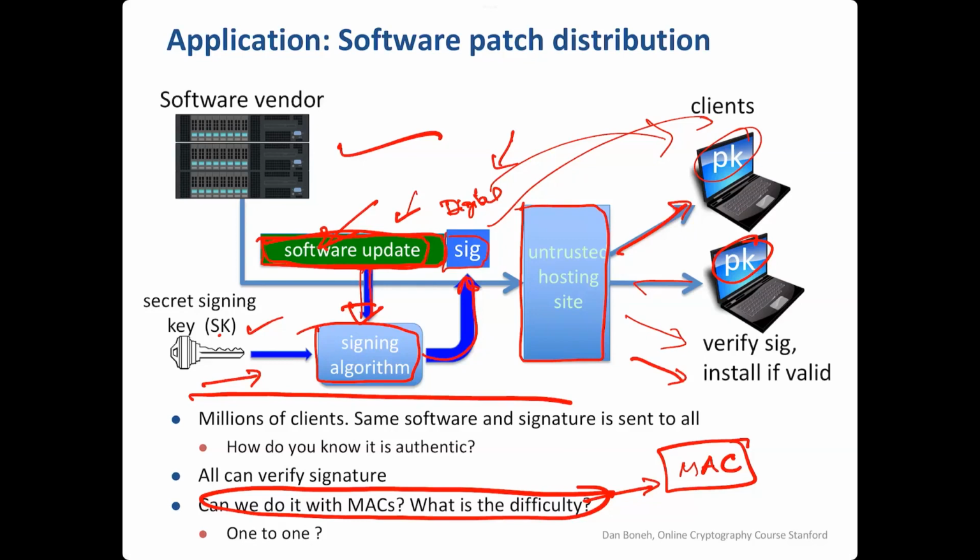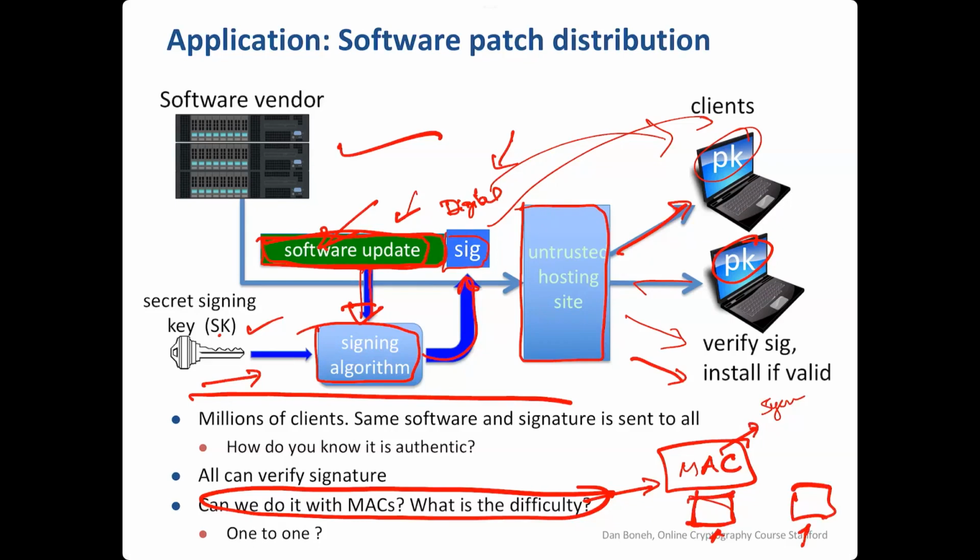And this is the beauty of asymmetric key encryption also, right? A MAC is symmetric key. Both Alice and Bob must have the same key to verify whether contents are correct or not.